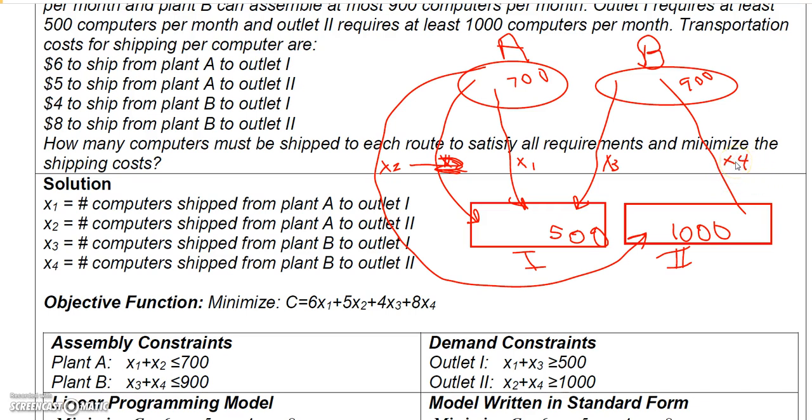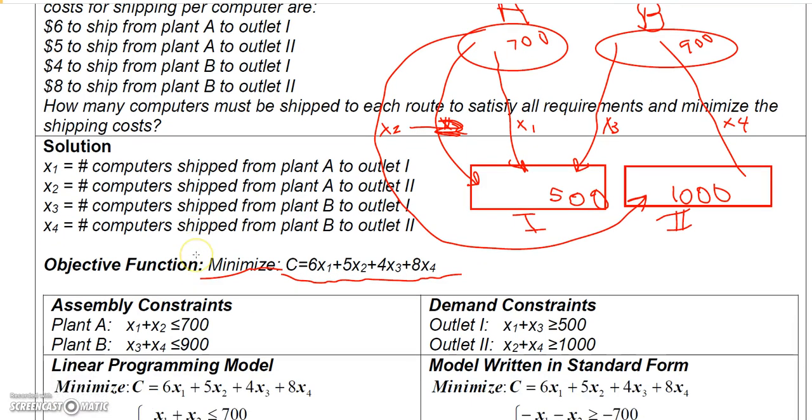And each from Plant B to Outlet 2 costs $8. Putting that all together, my objective function, the cost, is $6 times X1 plus $5 times X2 plus $4 times X3 plus $8 times X4. And I wish to minimize that cost function.